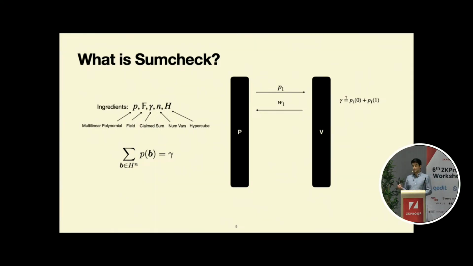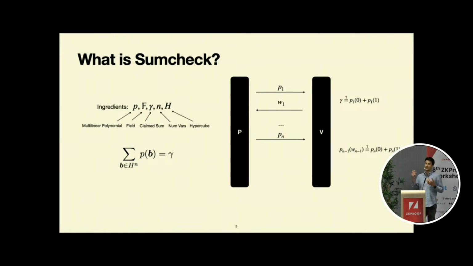So let's move forward to the second round of the multivariate case that concerns itself with the second variable in the polynomial. So what's going to happen? A very similar thing is going to happen. The prover is going to prepare a univariate polynomial. They're going to send it to the verifier. The verifier is again going to evaluate this univariate polynomial at points 0 and 1.